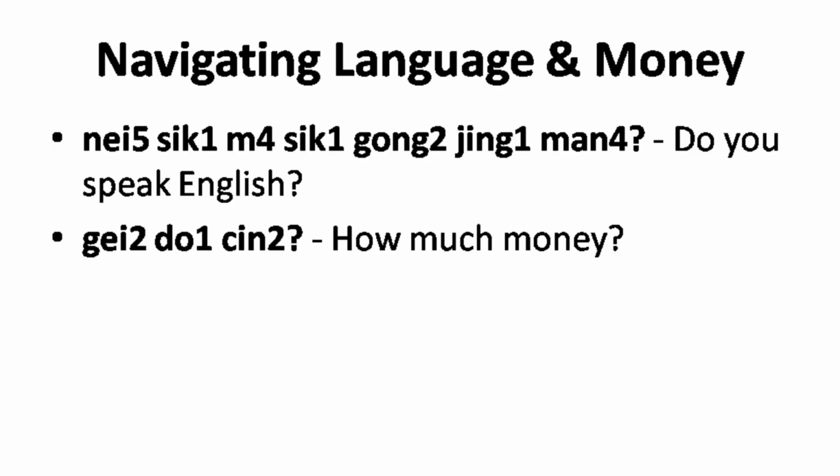So you would want to ask how much money. How much money in Cantonese is 幾多錢? 幾多錢? 錢 in this case is money, and 幾多 is how much or how many. So this is very simple and direct. If we want to say how much for this one, we would say 呢個幾多錢啊? 呢個幾多錢啊? Where 呢個 means this one or this particular one.